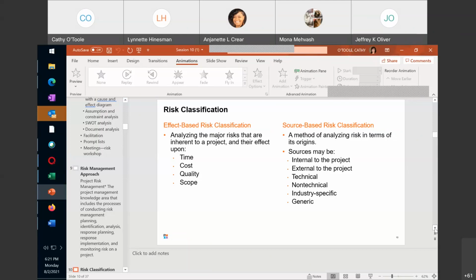And so, again, we've built something in under that effect-based risk classification so that we make sure that we do not impact our time and our quality, because those are the two keys that are mostly affected by what happens if their office is not able to be there.